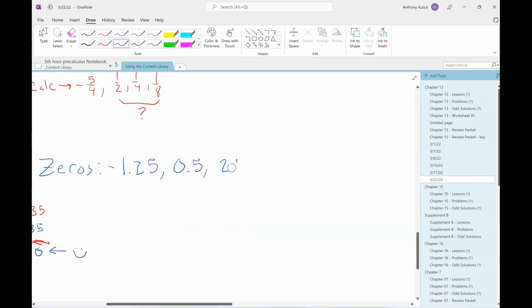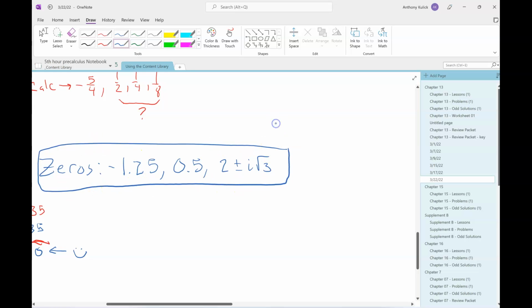There it is. So I have 1, 2, 3, 4 zeros, right? The plus or minus counts as 1 each: 2 plus i root 3 and 2 minus i root 3. You could write them as two separate, or you can write them together as one thing. Either is okay. Does that feel okay?